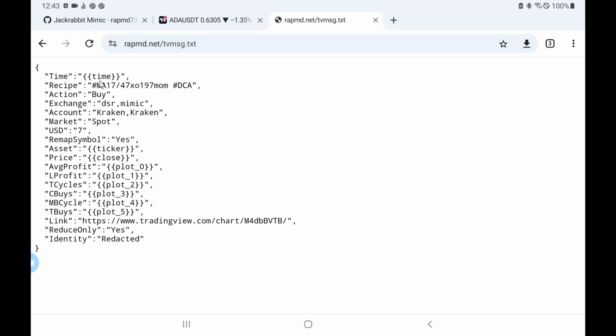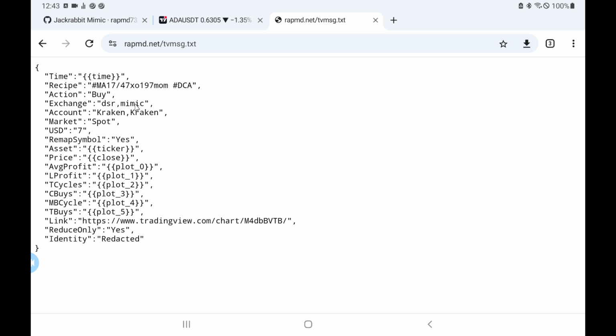So here is the standard payload message you will find in the wiki orders section. The recipe, again, nothing but a mental comment for me. In this case, I am buying this entry, and I'm using the DSR and Mimic.